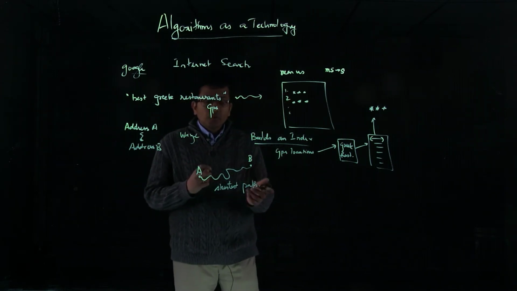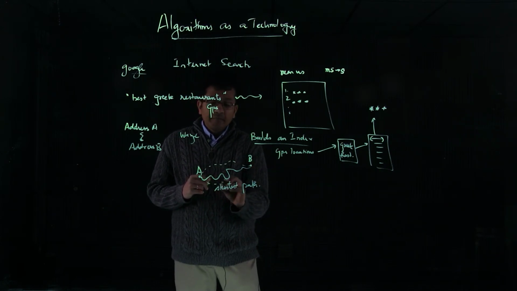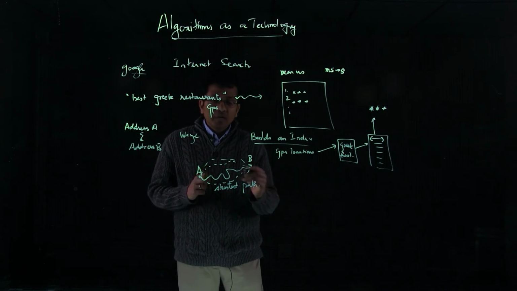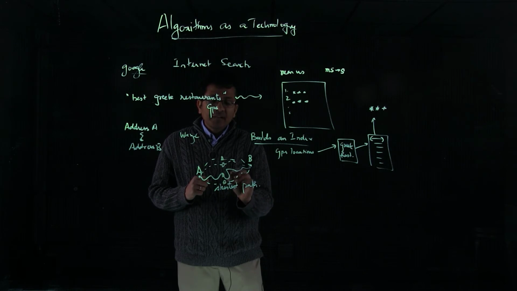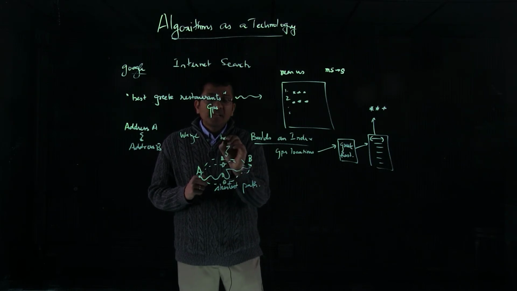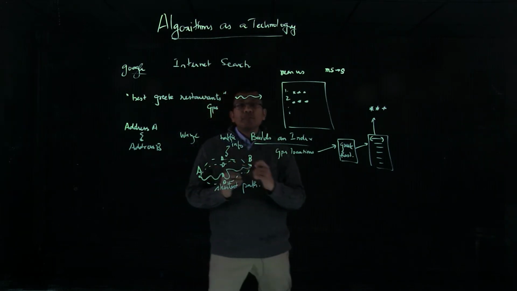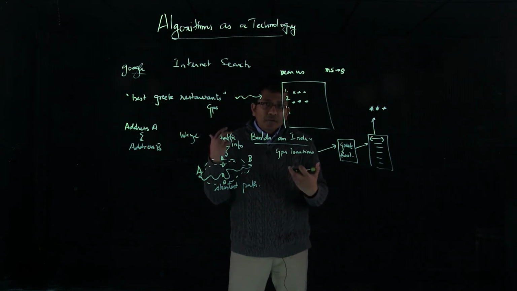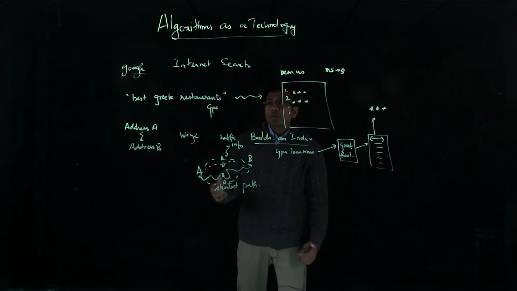Not only a shortest path, it also computes some alternative paths, so that you have some idea of what the routes are. It looks at each of the paths, looks at the current traffic information, and estimates how long you will take to reach from A to B. All of these rely on patching together a bunch of algorithms, and that's super important.